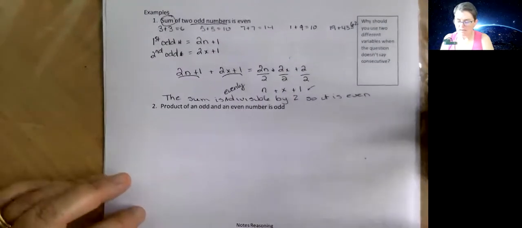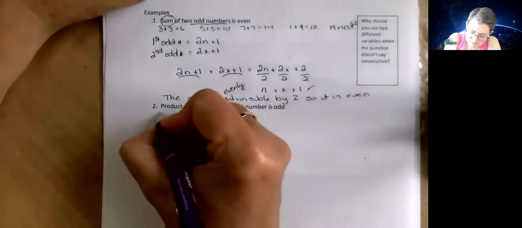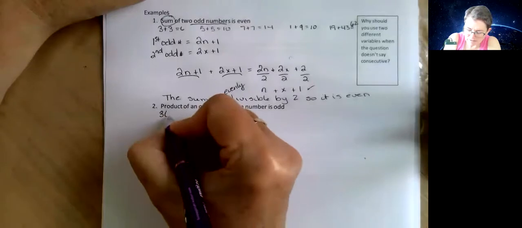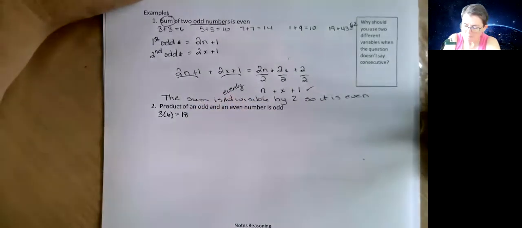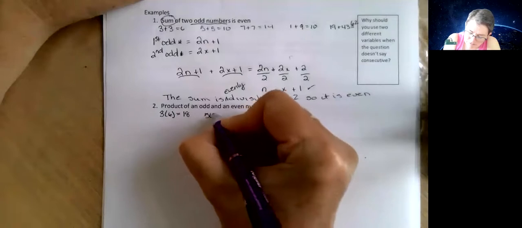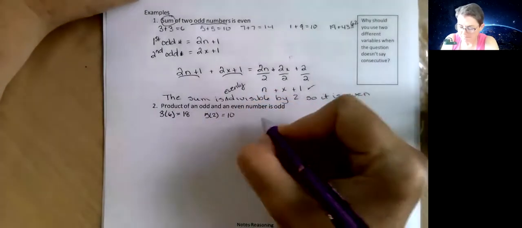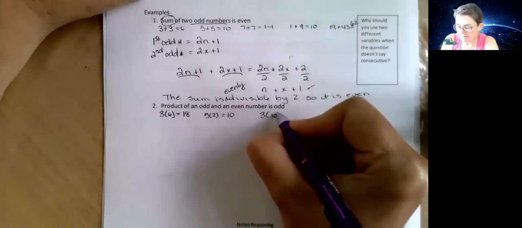All right, the product of an odd and an even number is odd. So odd number is 3, even number is 6. Oh, it's supposed to be odd. Let's try that again. 5 and 2 is 10. 3 and 10.